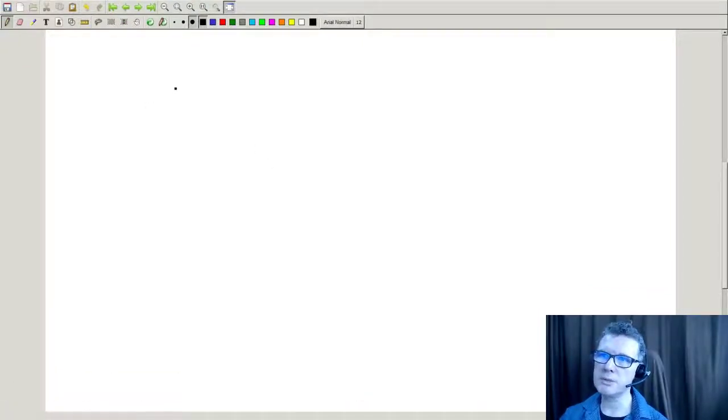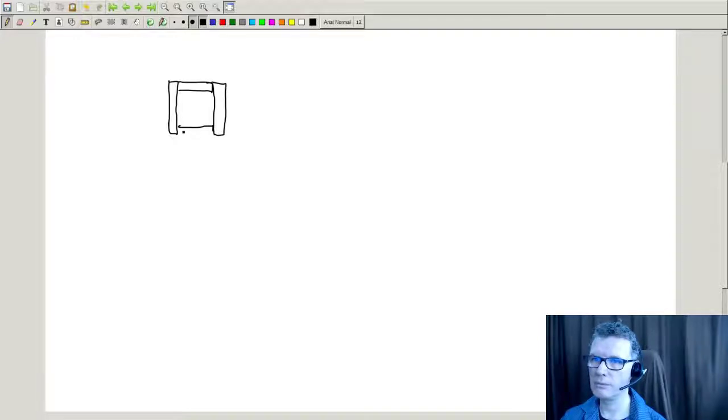A box, and we'll look at two types of boxes we could have. We'd have a box where we're taking our plates and putting them together this way around. Or we could have a box where we have a large upper plate.